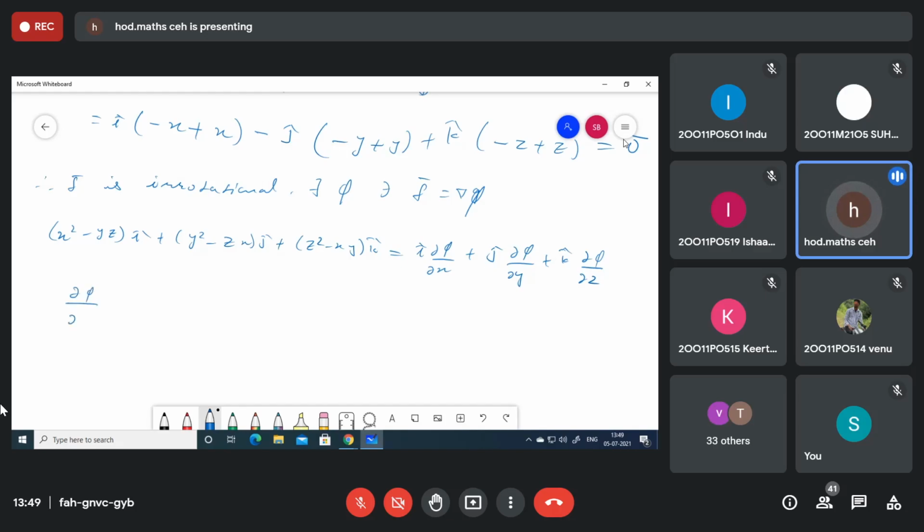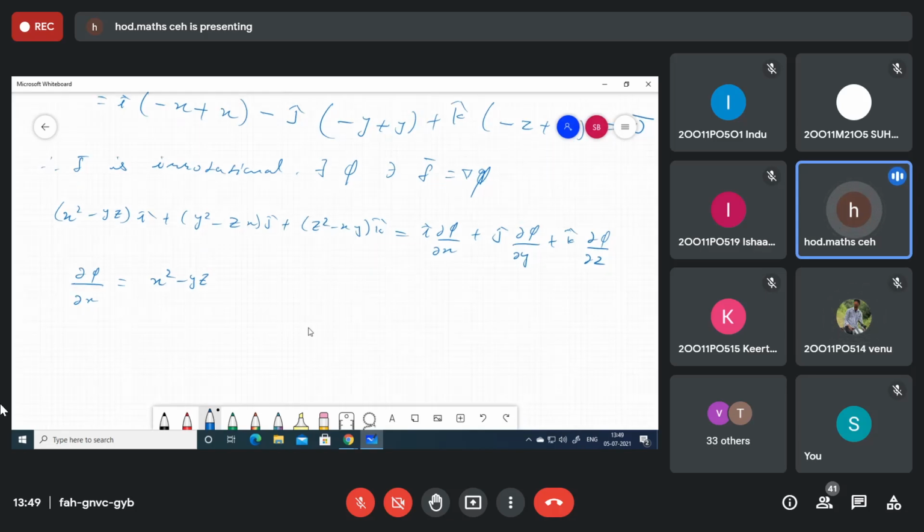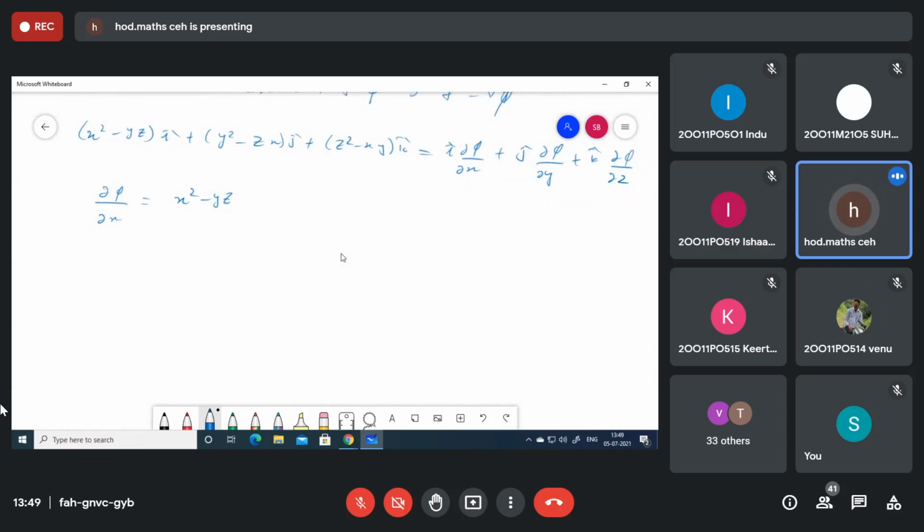Dou phi by dou x is equal to x square minus yz. Is it not? What you are going to get? We compare the components. Okay. Similarly, you have dou phi by dou y will be equal to y square minus zx, and dou phi by dou z will be equal to z square minus xy.